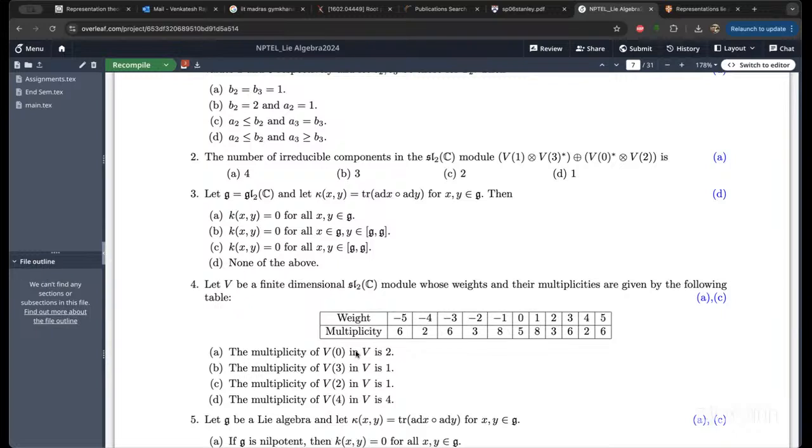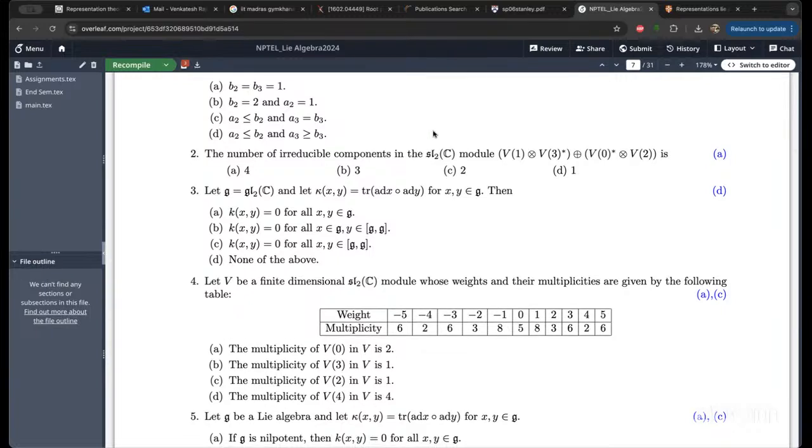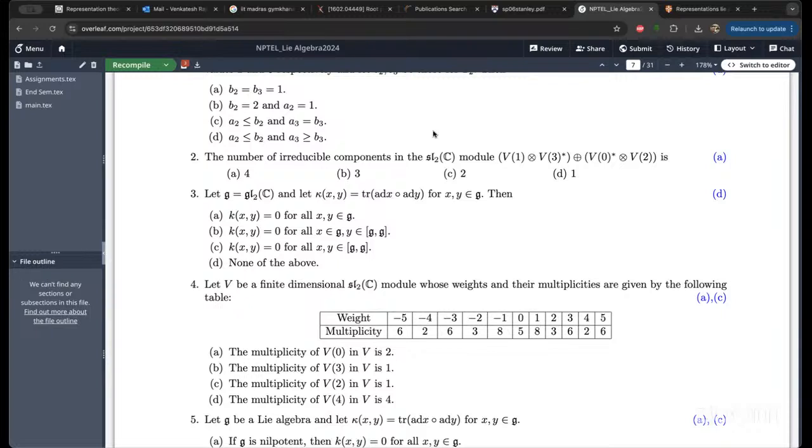So do you remember, do you know what are all the irreducible representations for SL2C? Finite dimensional irreducible representation. I think V lambda is the set of homogeneous polynomials of degree in two variables. That is right. So what will be the weights? What are all the possible highest weights for SL2C? You just copy this table, better, you share your screen.